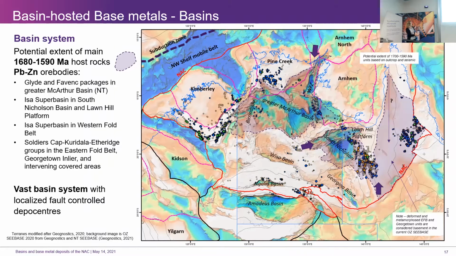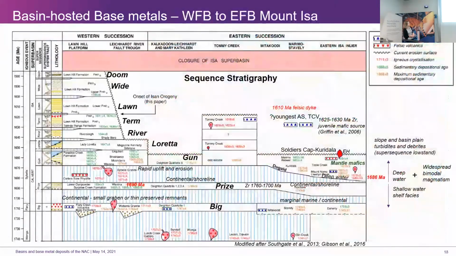So the depocentres, and we'll look at these on another map where I've got the purple arrows. We have a north-south trending depocentre here, Lawn Hill, we have a more east-west trending depocentre, and a significant one here in the Soldiers Cap Group, Eastern Fold Belt, that doesn't show up in this data set, as I explained earlier, because of the definition of basement.